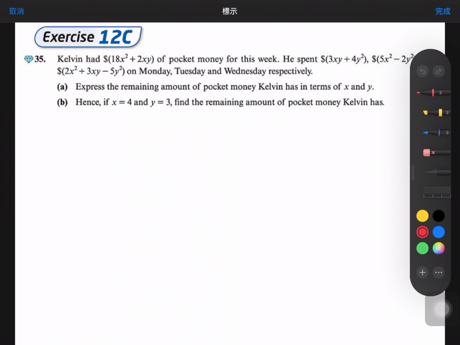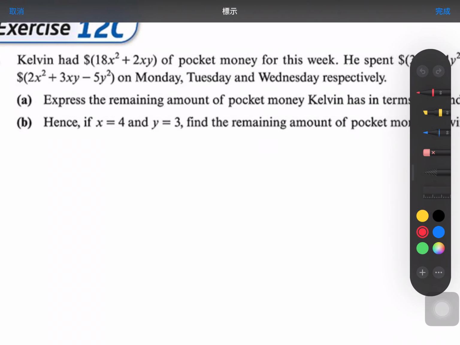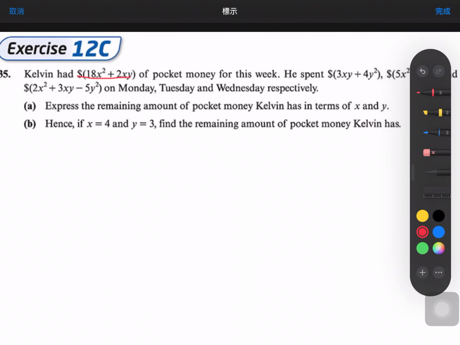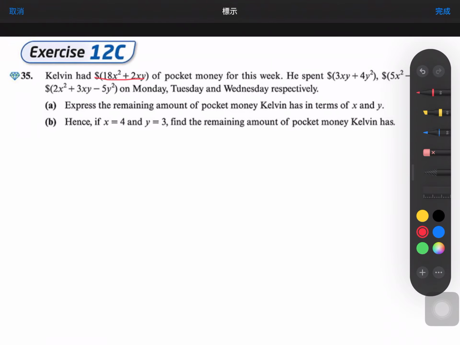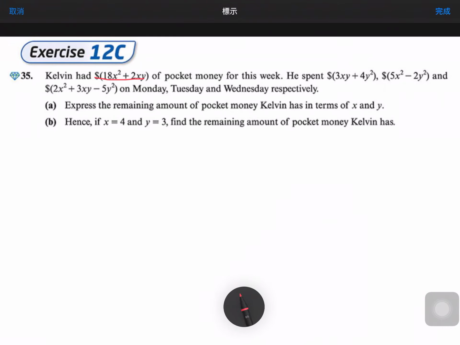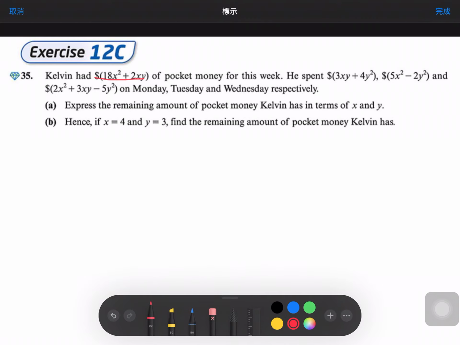So let's do question 35 from 12C. Calvin had a certain amount of pocket money, and for this week only, quite richer. And then he spent this certain amount of money and this amount and also this amount on Monday, Tuesday, and Wednesday respectively.